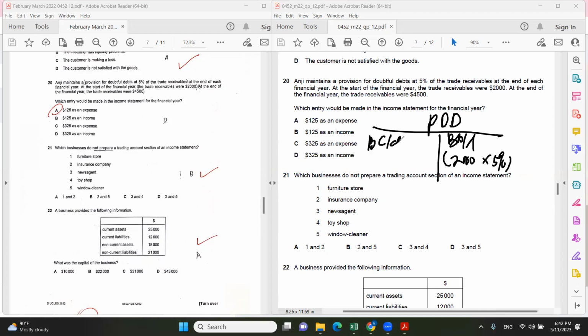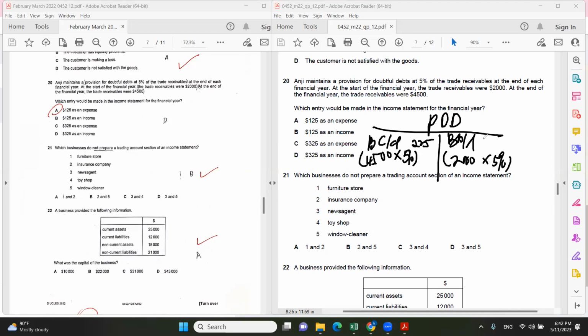End year balance c/d, we take 4,500 times 5%. So we get 225. Whereas this one, 2,000 times 5%.